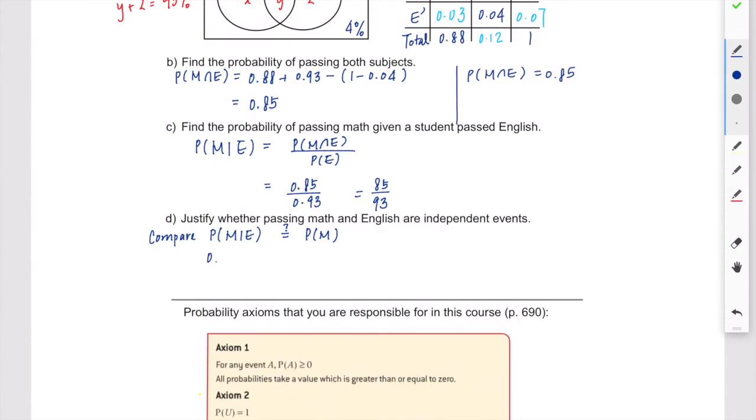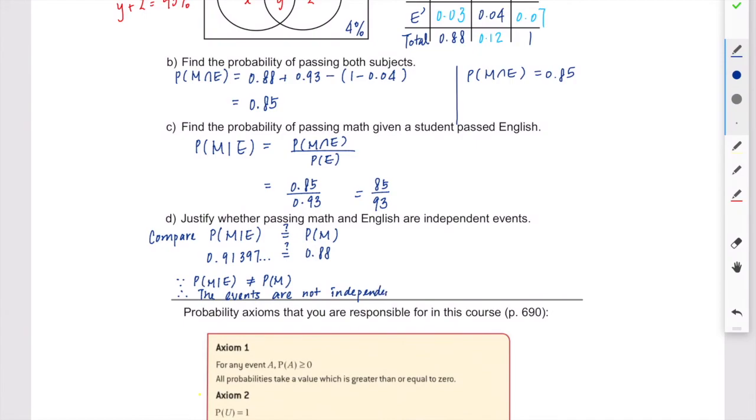Now 85 over 93 should give us 0.91397. That's from my calculator. And then the probability of passing math was given to us as 0.88. So the conclusion here is that since M given E is not equal to P of M, then therefore the events are not independent.